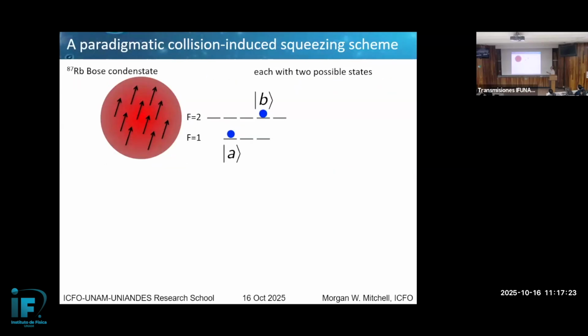Okay, thinking about just one of those BECs, it has a number of atoms in F equals 1, a number in F equals 2. The Hamiltonian that they use comes from collisional interactions. Looking at this first term, there's a contribution to the energy which is proportional to the number of atoms in this state times the number minus 1.